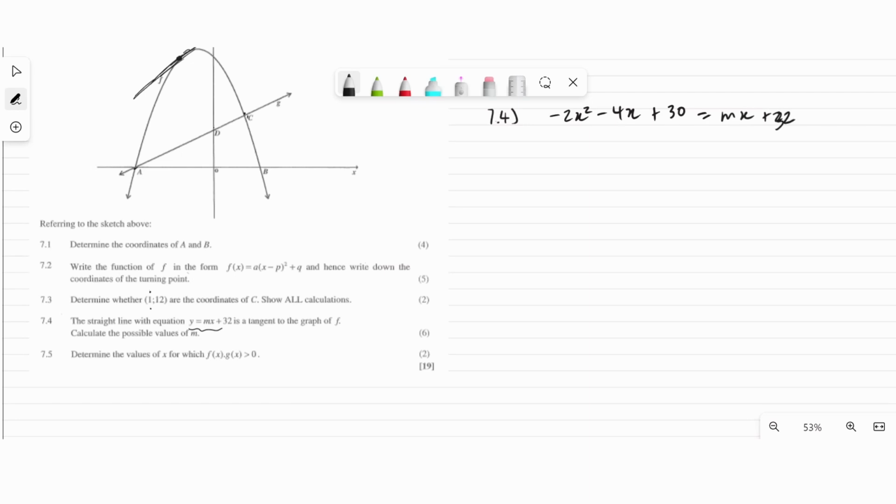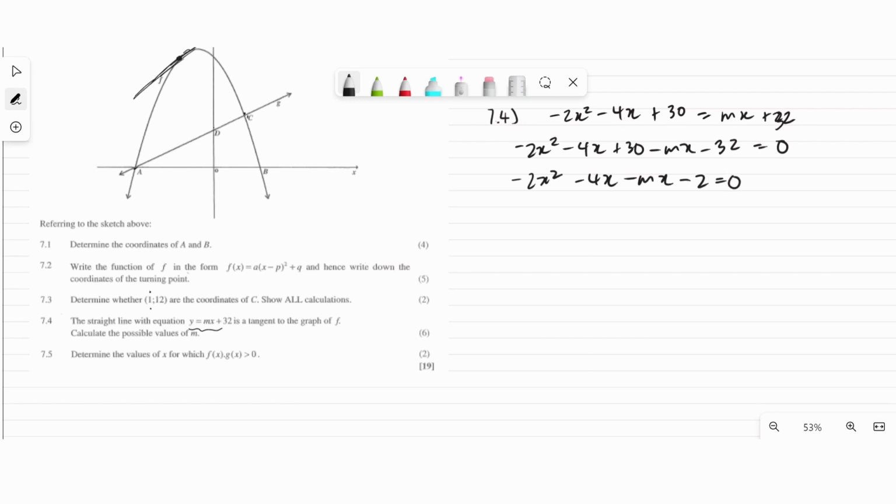Then take everything to one side, which is going to be minus mx minus 32 equals 0. Group like terms. So when I group like terms, I'm going to take this 2x squared, then -4x, then with this minus mx. Then 30 and 32 is going to give me -2 equals 0.